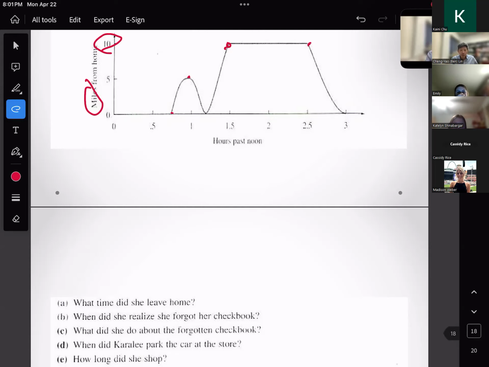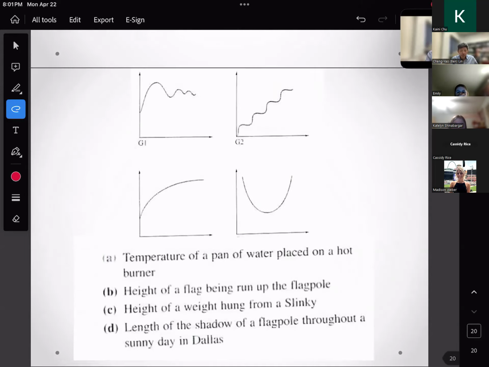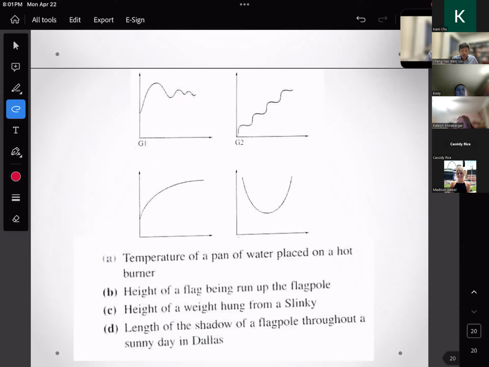Now here is another problem. Last problem for today, okay? You want to take a minute, figure it out. Okay, first of all, can you tell me whether each graph is a function or not a function?